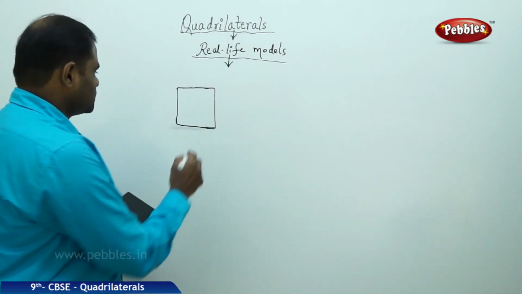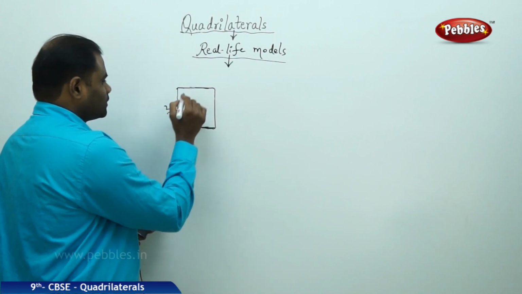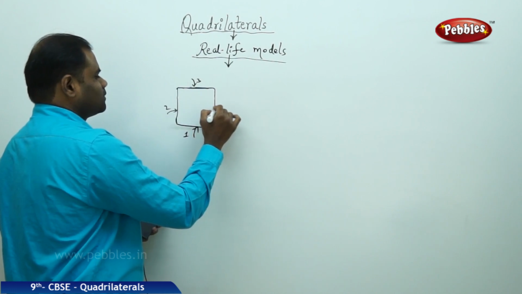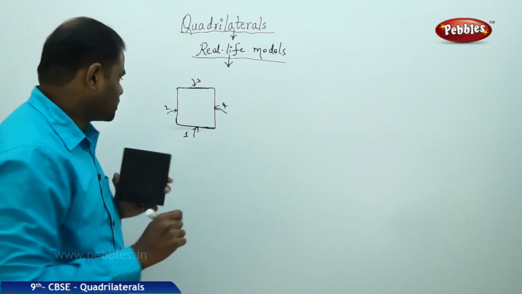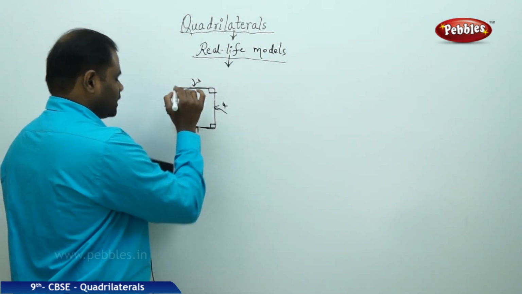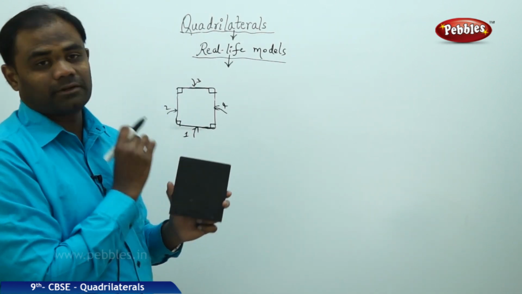This is formed by line 1, line 2, line 3 and line 4, a 4-sided figure with special geometrical properties, that each angle is 90 degrees, 90 degrees, 90 degrees and 90 degrees.